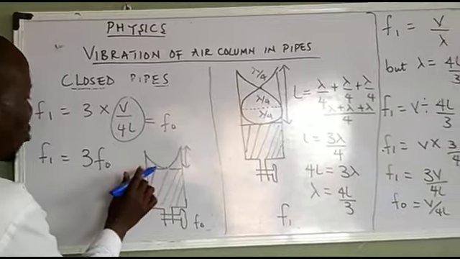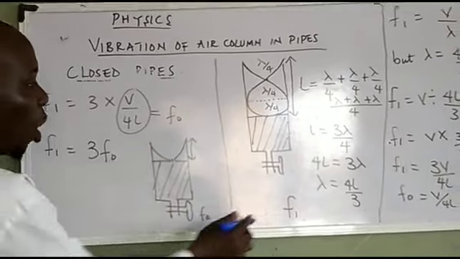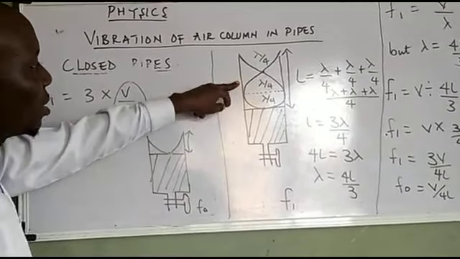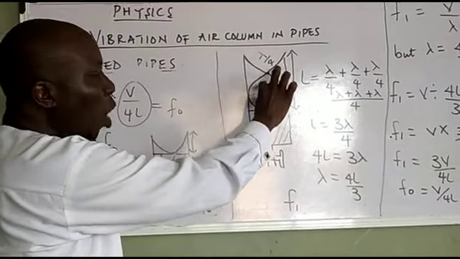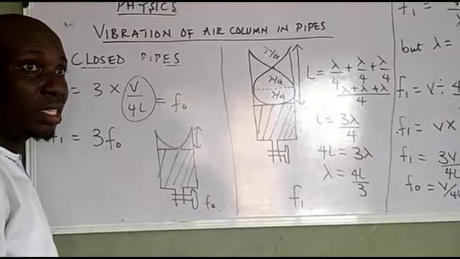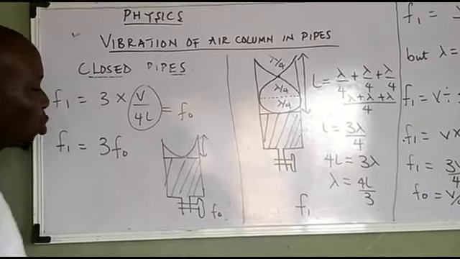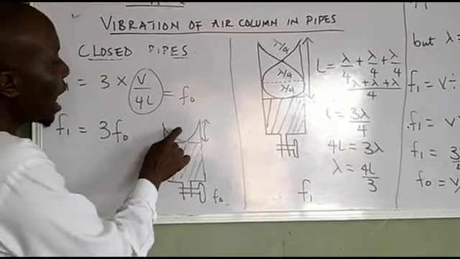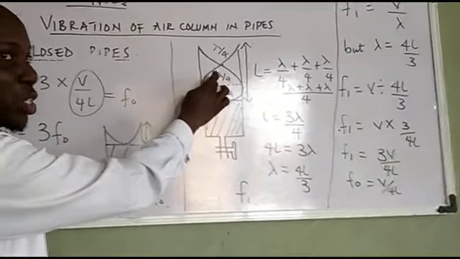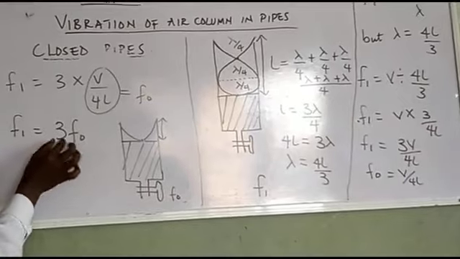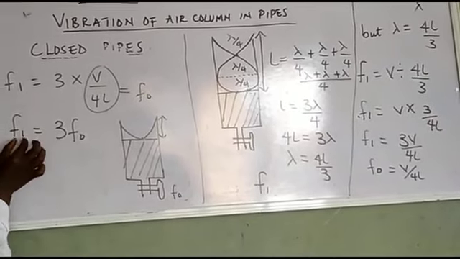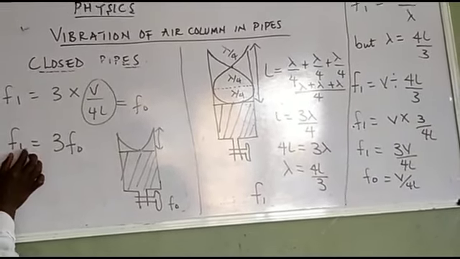Just only one half of a cycle. But for the case of our F1, we have one half of a cycle and one complete cycle, isn't it? Now, if that should be the case, how many half of a cycle are we going to see here? 3. Can you now see that we are going to have 3 of F naught in F1? Is that good to know?